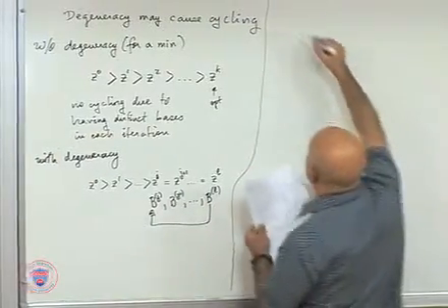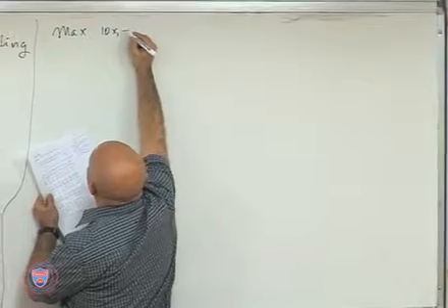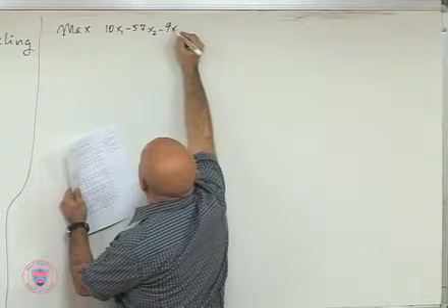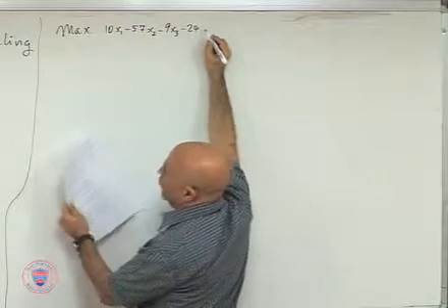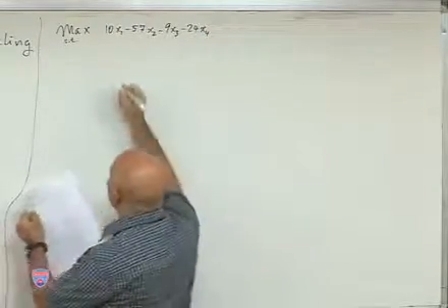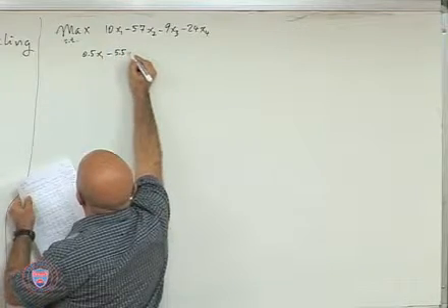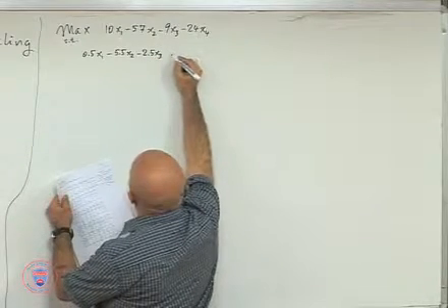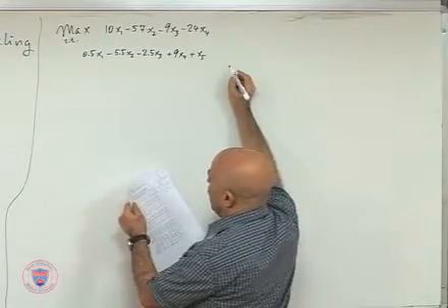So let's look at the example. Maximize 10x1 minus 57x2 minus 9x3 minus 24x4, sorry, subject to 0.5x1 minus 5.5x2 minus 2.5x3 plus 9x4 plus the slack x5.